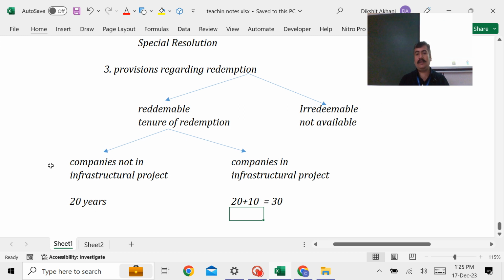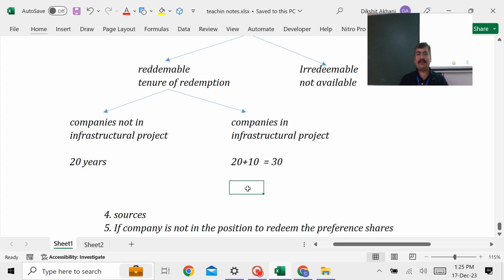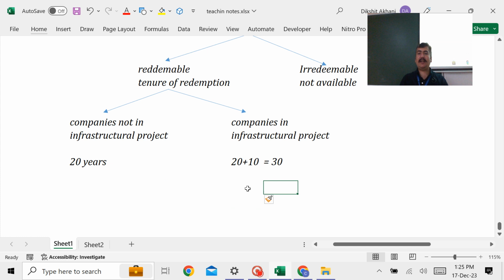When I talk about 20, no doubt, the same 20 years you can enjoy unconditionally according to the contract. But this 10 years has its own special meaning. For this 10 years, what law says is the 21st year onwards, you have to start paying at least 10% of the preference shares back to the shareholders.